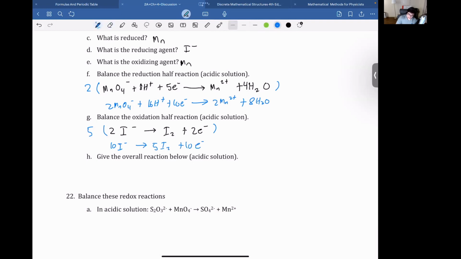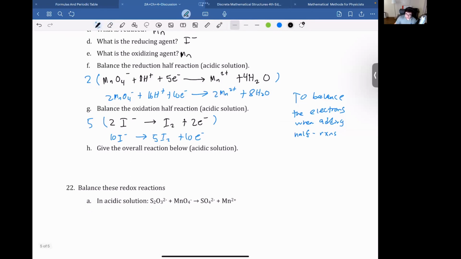And now you see that the electrons are balanced if I were to add these 2 equations, 10 and 10, right? This is to balance the electrons when adding half reactions. Then it says give the overall reaction below.